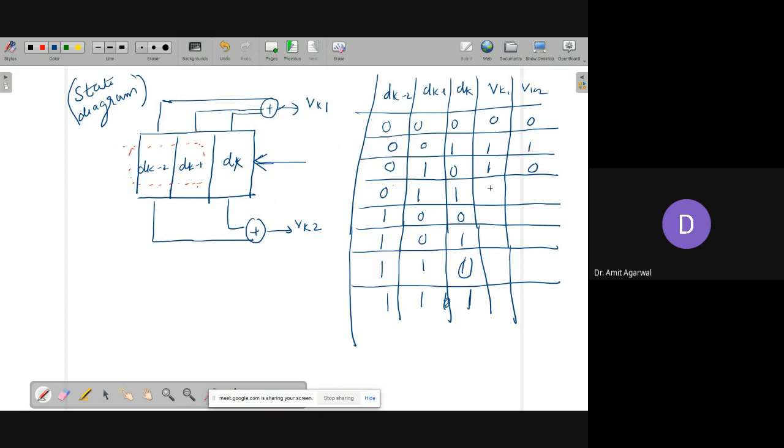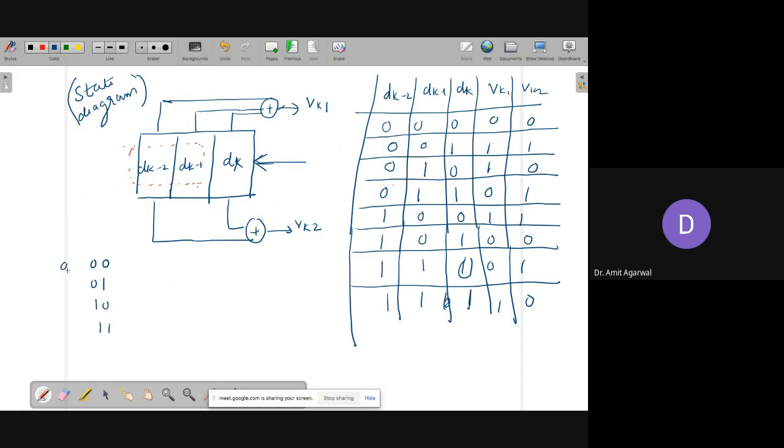So we can write it 1 0 0 1 1 1 0 0 0 1 1 0. Let's make a state diagram, because the states are, as I told you, dk minus 2 and dk minus 1. How many states are possible? 00, 01, 10, 11.